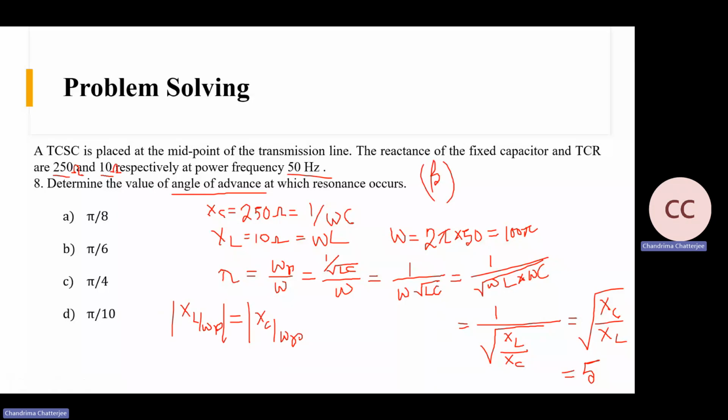Here we are talking about parallel resonance because the capacitor and the inductor are in parallel. So in case of parallel resonance, the net impedance ZTCSC becomes infinite.